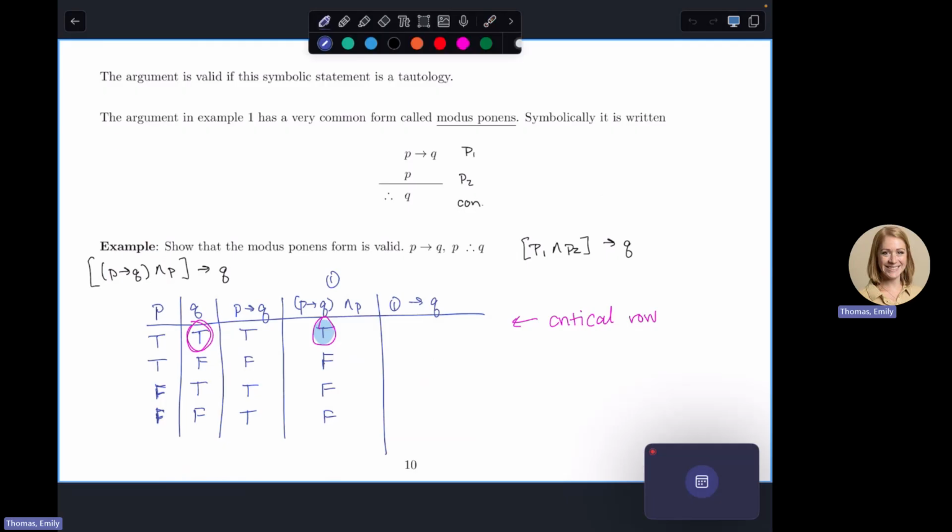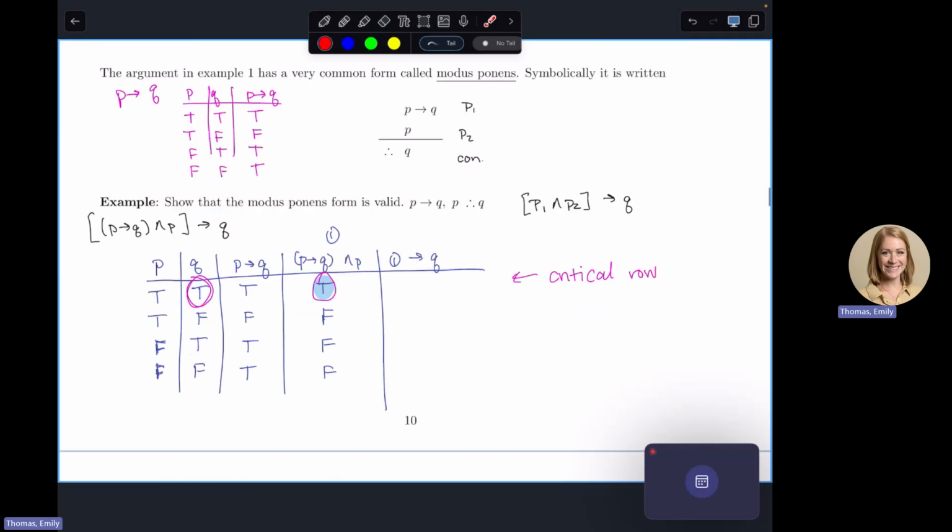So if we have P implies Q, what does this truth table look like? We have true, true, false, false, true, false, true, false. What do we have over here? True, false, true, true. Notice how when the first part is false, this thing is going to be true every time, regardless of what's happening here.